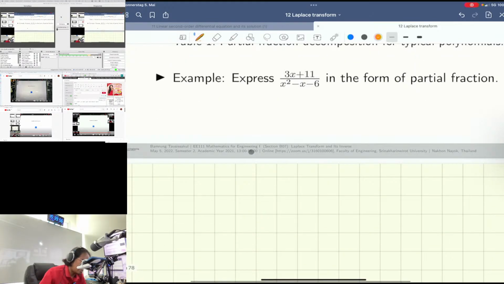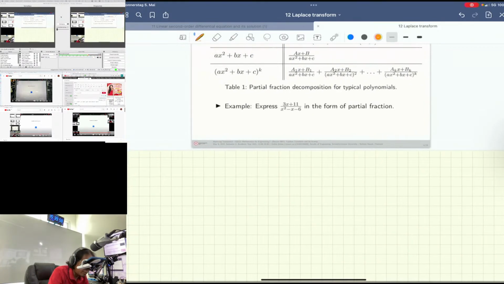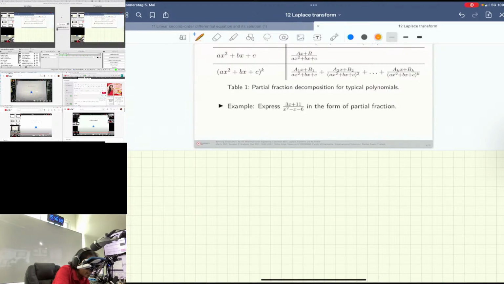Okay, let's consider the denominator. You can see that x squared minus x minus 6 is actually the multiplication of x plus 2 and x minus 3, right?